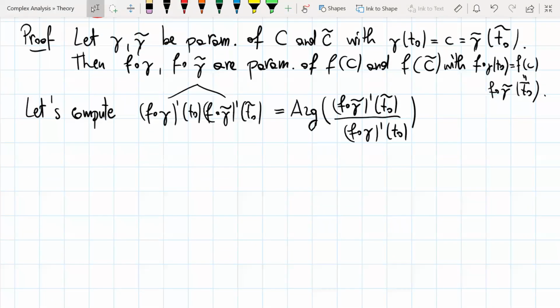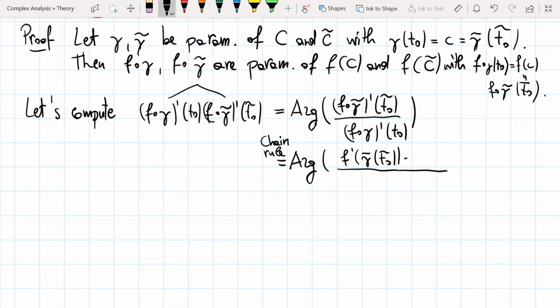So now we can use chain rule. And the two derivatives, so the derivative above is f prime at the point gamma tilde of T0 tilde times gamma tilde prime T0 tilde.